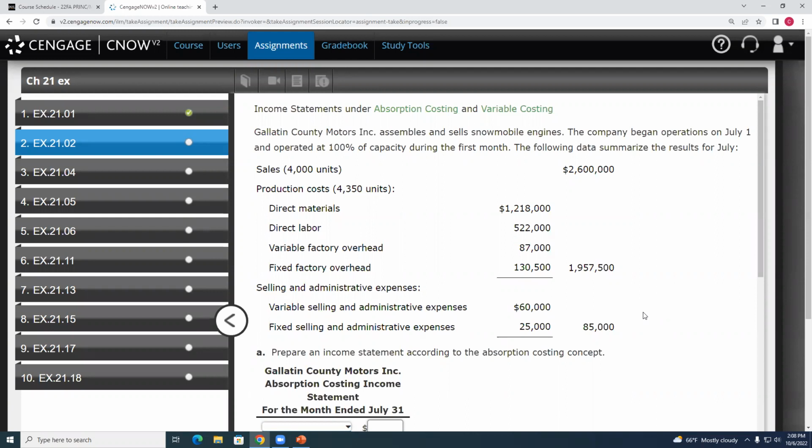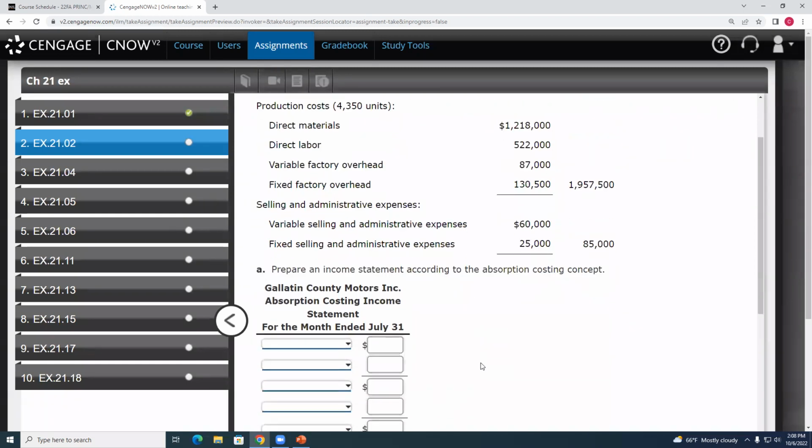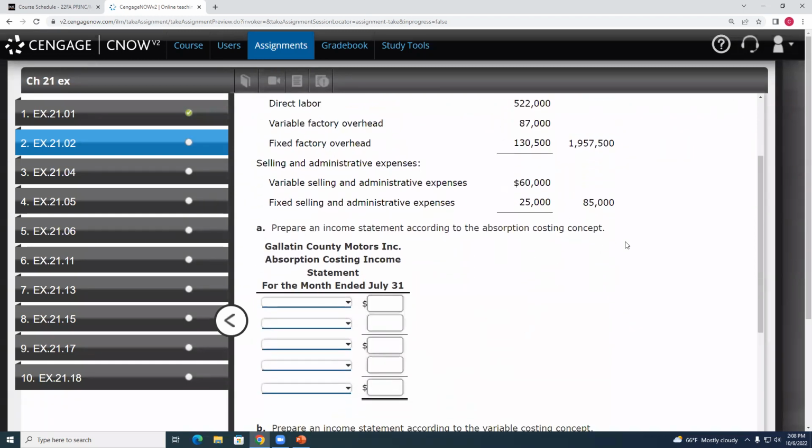But when we use variable costing, the entire fixed overhead, 130,500, right here in the center of your page, all of that under variable costing is going to be included on the income statement as a period expense. So we're first going to use absorption costing.